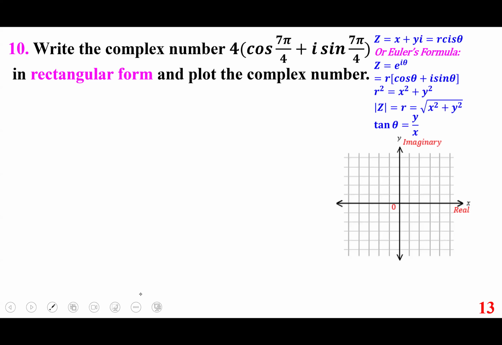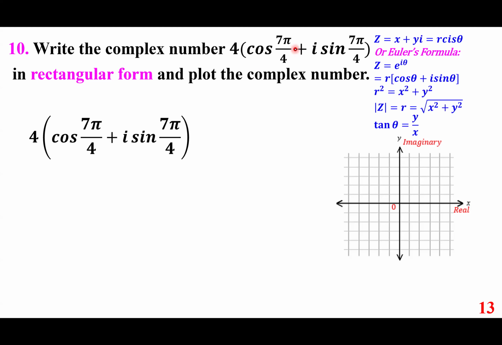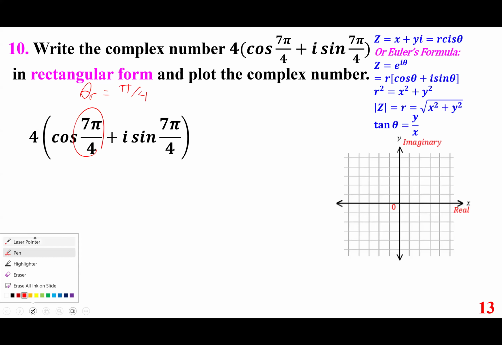All right, we want to write the complex number 4, parentheses cosine 7 pi over 4 plus i sine 7 pi over 4, in rectangular form, and plot the complex number. Well, 7 pi over 4, the reference arc is pi over 4.